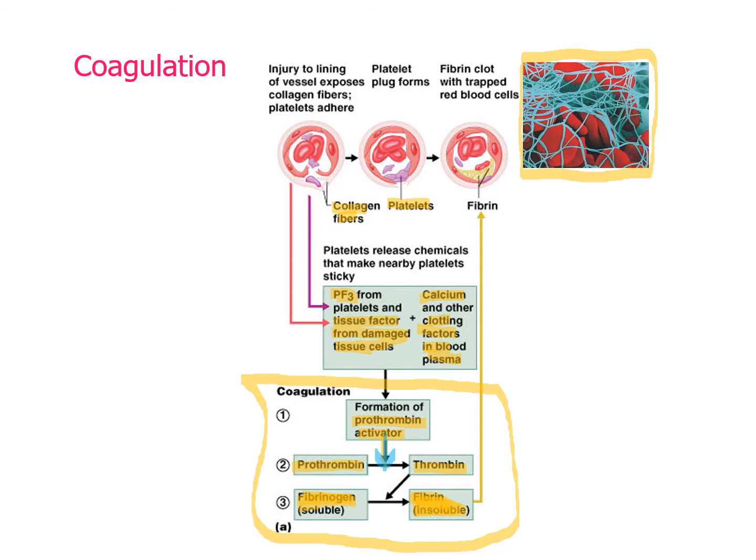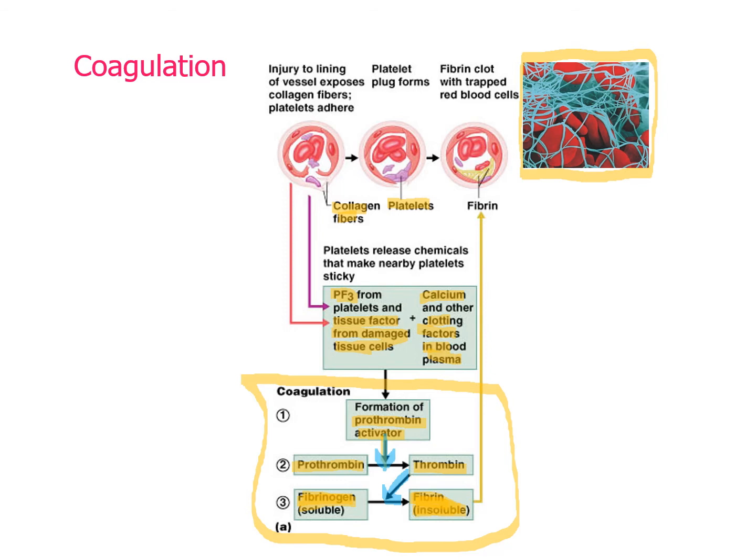Activation of an inactive, in this case prothrombin to thrombin, and then activation of an inactive, that means soluble, fibrinogen to form fibrin. What I mean by activation is that these molecules, once activated, have enzymatic activity, and they will act on their substrate.